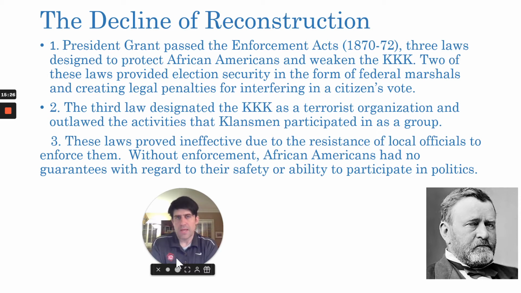So from 1870 through 1872, Grant passed 3 laws that were designed to protect African Americans. 2 of these laws dealt directly with election security. One of them stated that federal marshals would be required to oversee polling places on election day to ensure that everybody, including the local African American men, could cast their votes without fear of violence being committed against them, and no intimidation or threats of any kind.